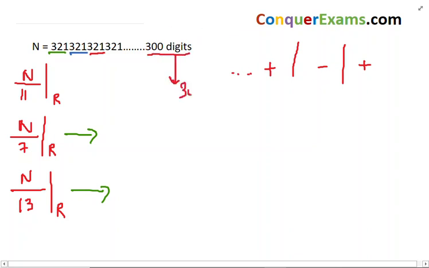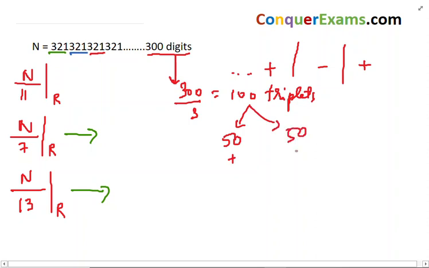So you have 300 by 3, which is 100 triplets, and out of these 100 triplets, 50 will have a plus sign and 50 will have a minus sign, right? The first one would have a plus. If you have just 2 triplets, it would be a plus and a minus. Similarly, if you have 100 triplets, there would be 50 plus and 50 minus. So it all adds up to 0.